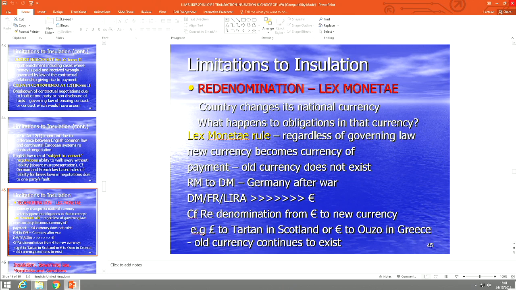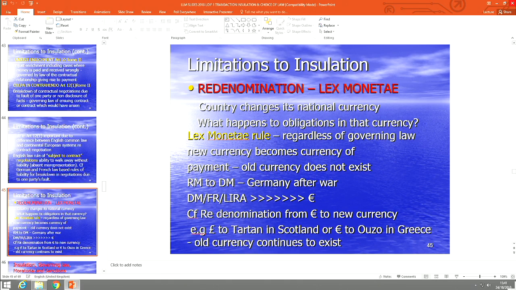a country designates a new currency in place of its existing currency, then the new currency that they've designated, new drachmas or the Scottish tartan or whatever you want to call it, will be substituted for the existing obligations in the old currency.